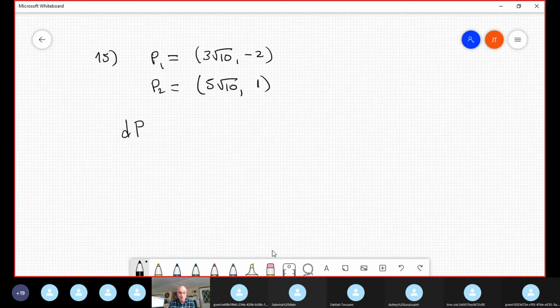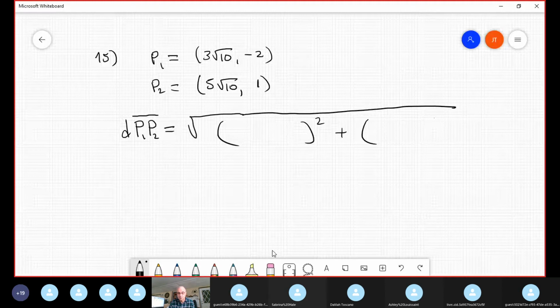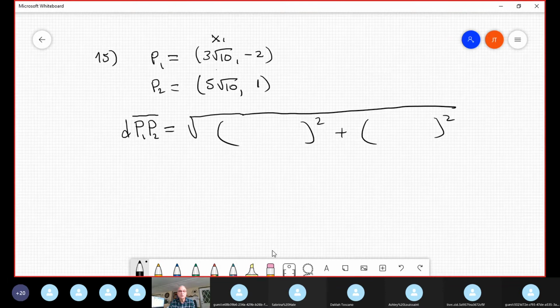The notation is the distance between P1, P2, the segment that connects P1 and P2. And the formula is the big square root of the quantity squared plus the quantity squared. Inside the parentheses, you subtract, for example, this is x1, this is x2: x2 minus x1.